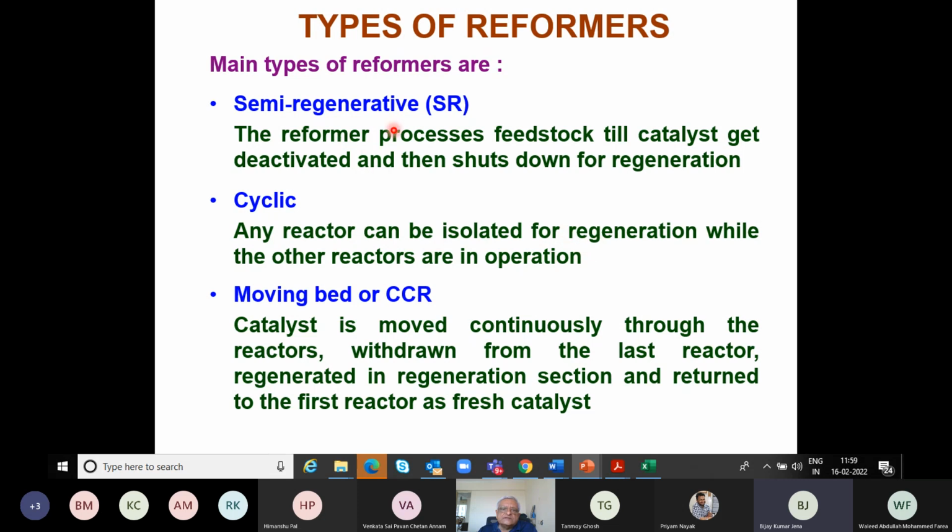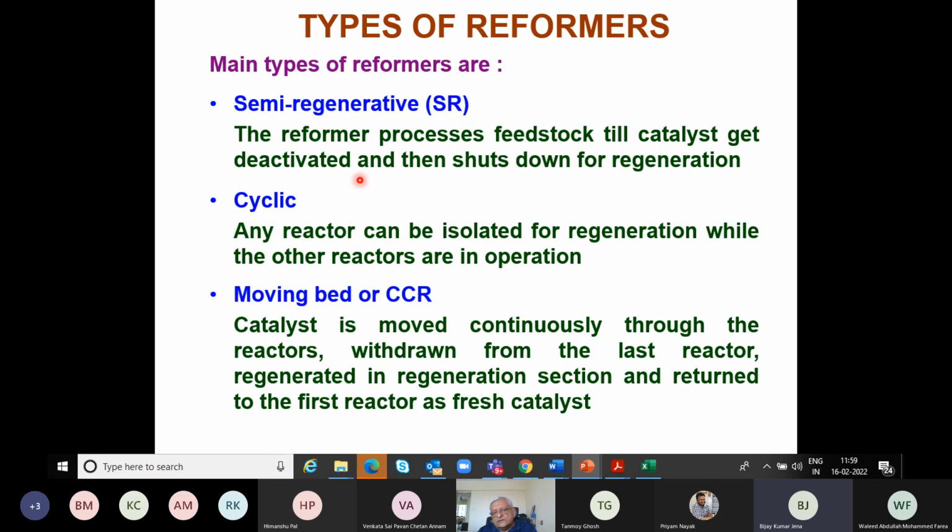In the semi-regenerative reformer, the reformer processes feedstock till the catalyst gets completely deactivated, and then we shut the whole unit down for regeneration. In a year, roughly 20 to 25 days are taken up for a complete shutdown, making the unit hydrocarbon free, burning off the coke, regenerating the catalyst, and putting the unit back online.